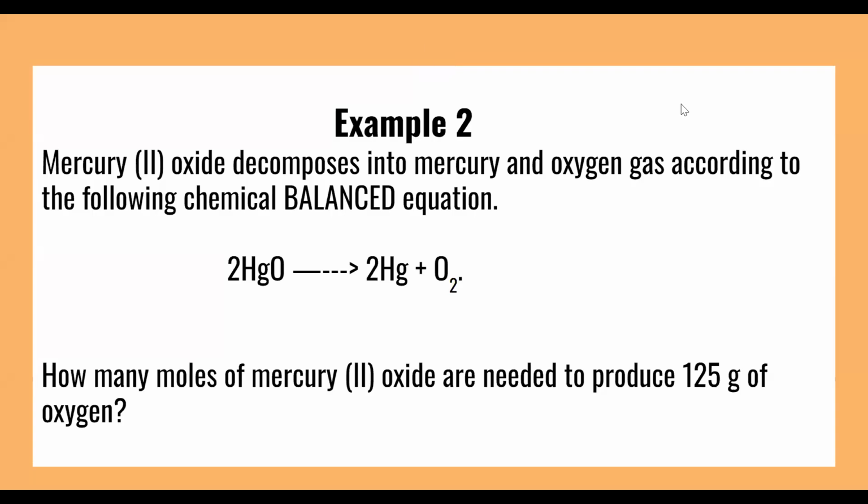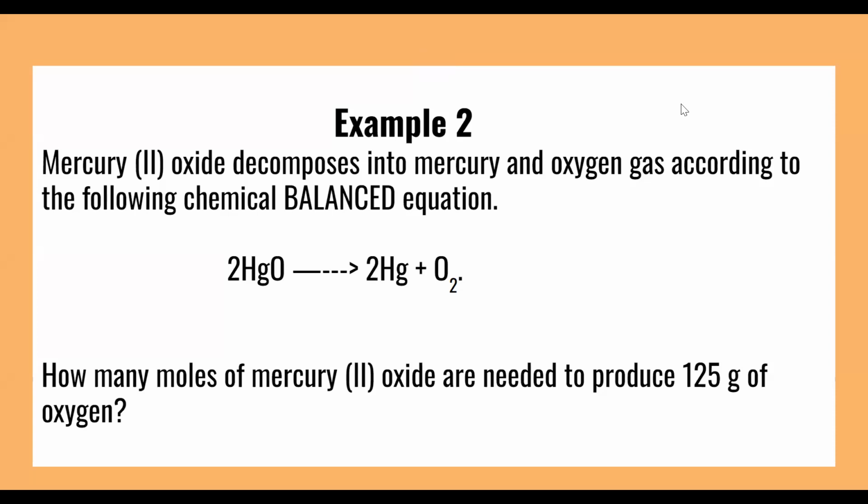Let's look at example 2. Mercury(II) oxide decomposes into mercury and oxygen gas according to the following balanced chemical equation. How many moles of mercury(II) oxide are needed to produce 125 grams of oxygen?